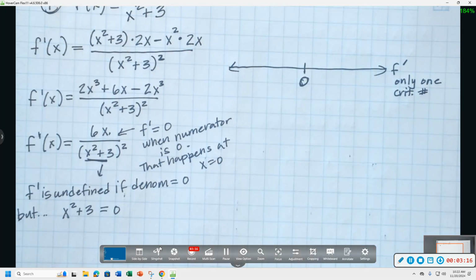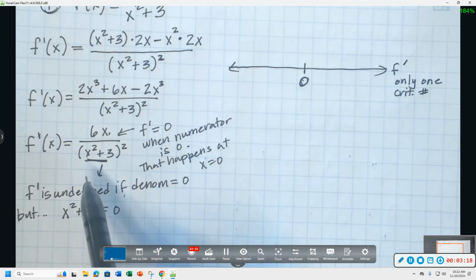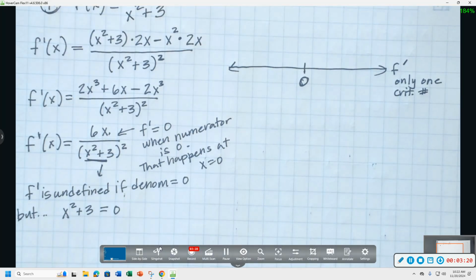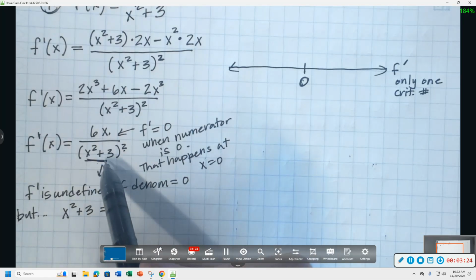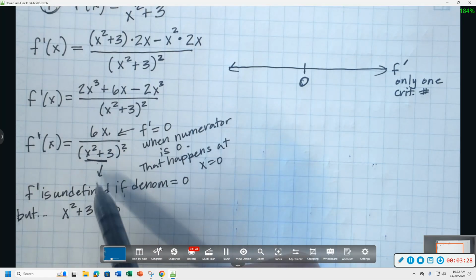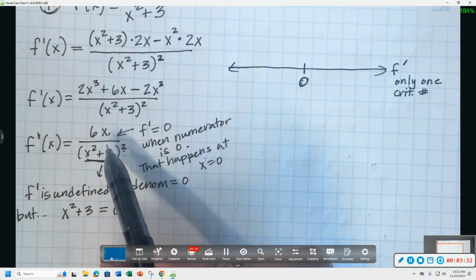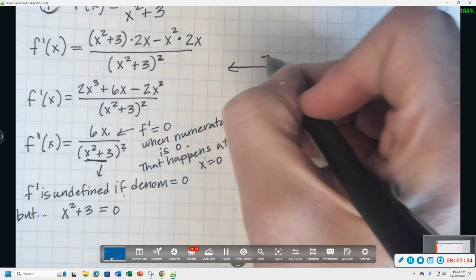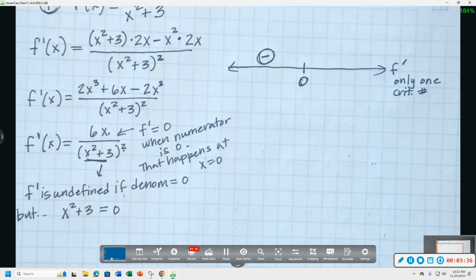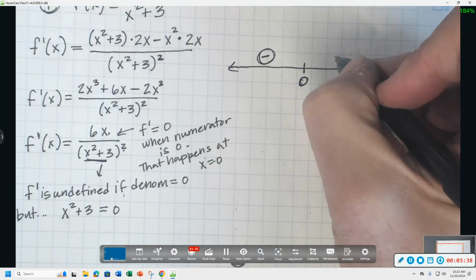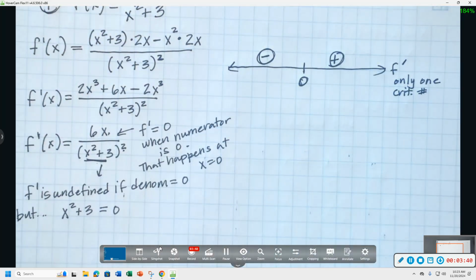I also know that my denominator is always going to be positive. I can't square something and get a negative number. So my denominator is always positive. When I put negative numbers into the numerator, my numerator is negative. When I put positive numbers in, my numerator is positive.